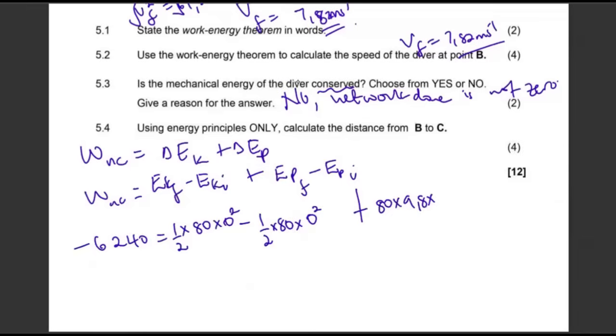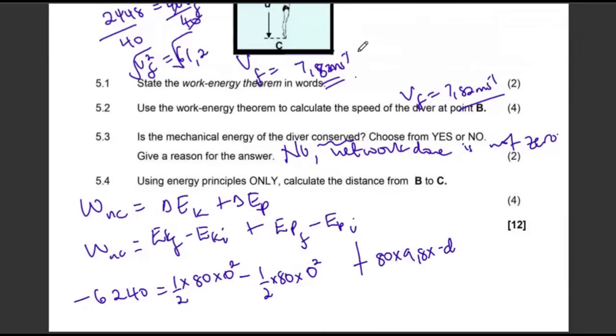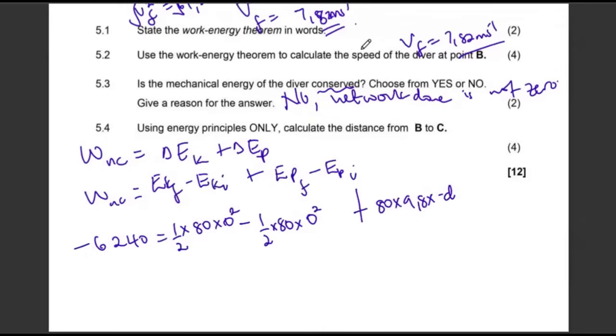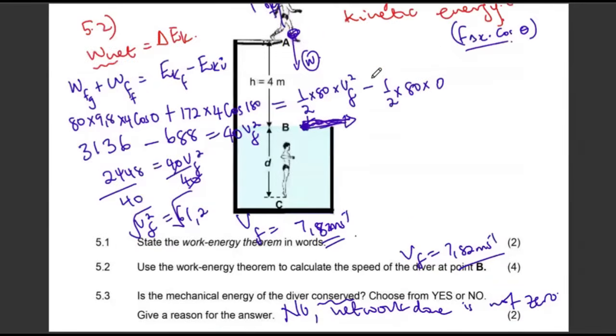It's going to be -D because it's down below the pool. Then I'm adding the MGH, which is 80 times 9.8 multiplied by -4, which is also below.